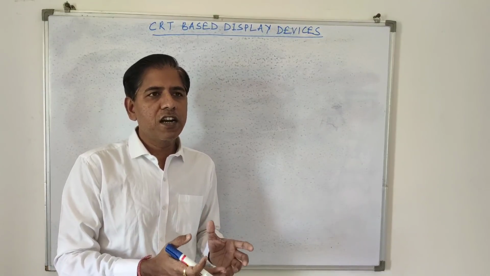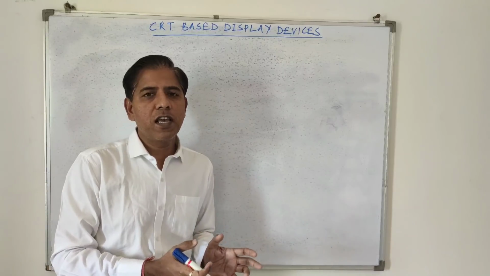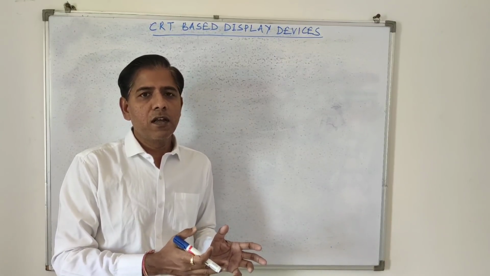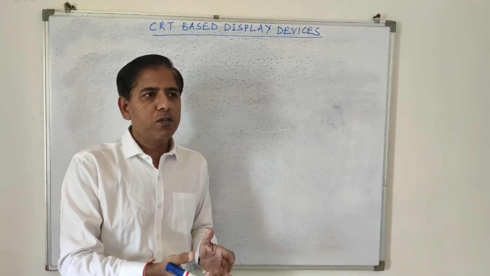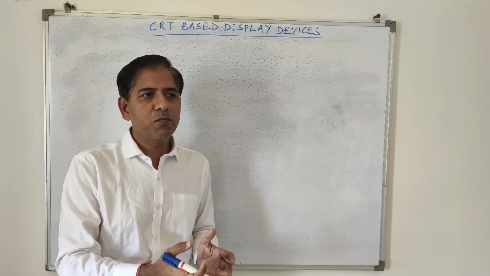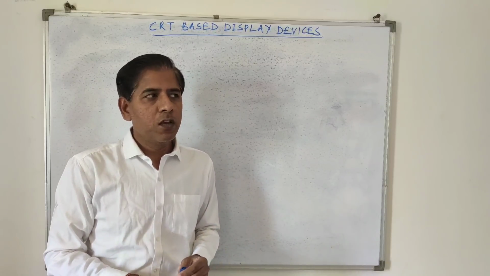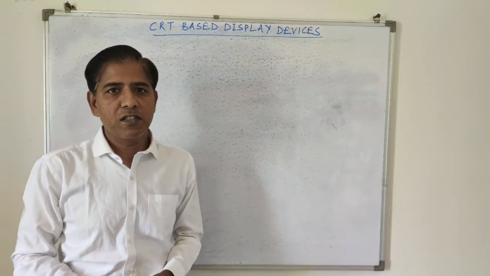The examples of CRT based display devices are direct view storage tube and random scan display device, and the examples of non-CRT based display devices are LEDs, LCDs, plasma, etc. So today we'll focus on the CRT based display devices.